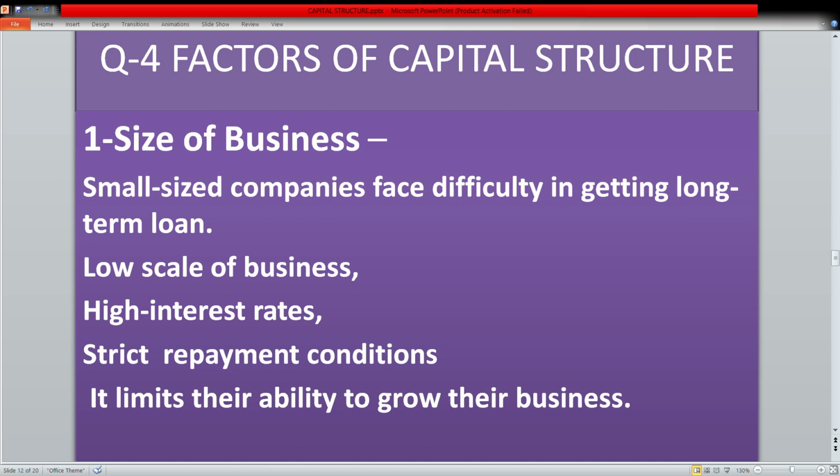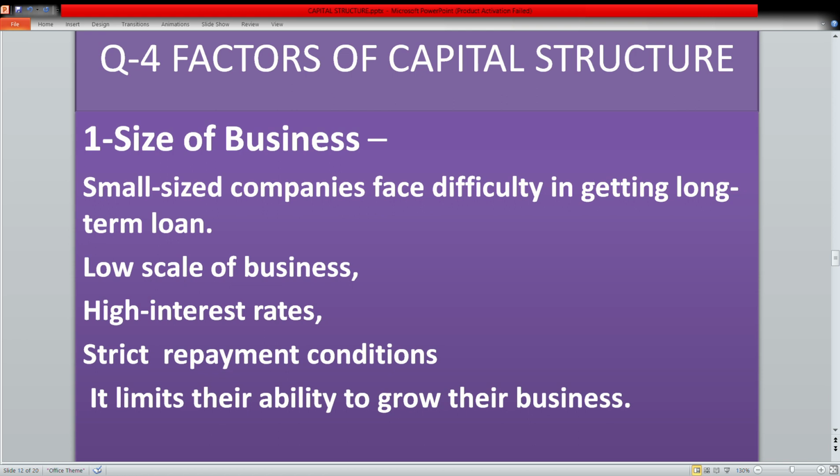This is the second class of Management Accounting and it is based on the chapter Capital Structure. In the first class, we had read about what is capital structure, capital gearing, optimum capital structure.